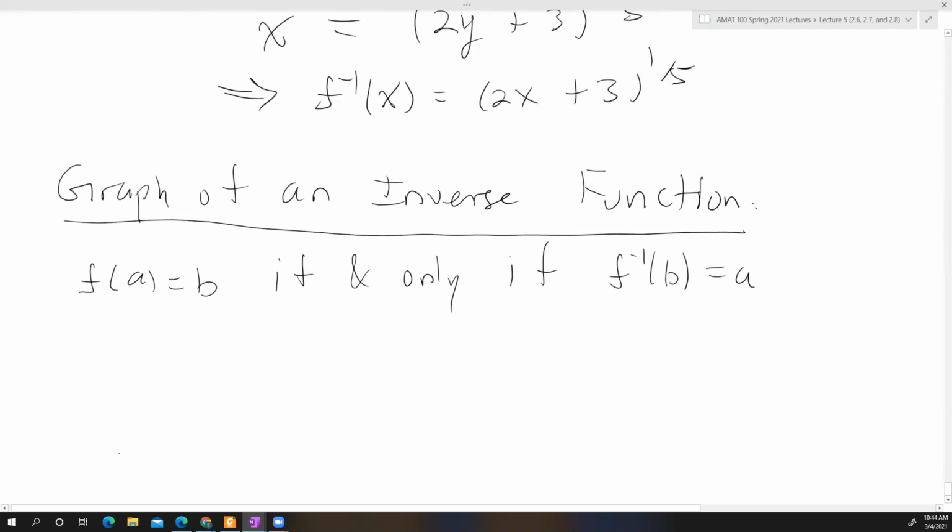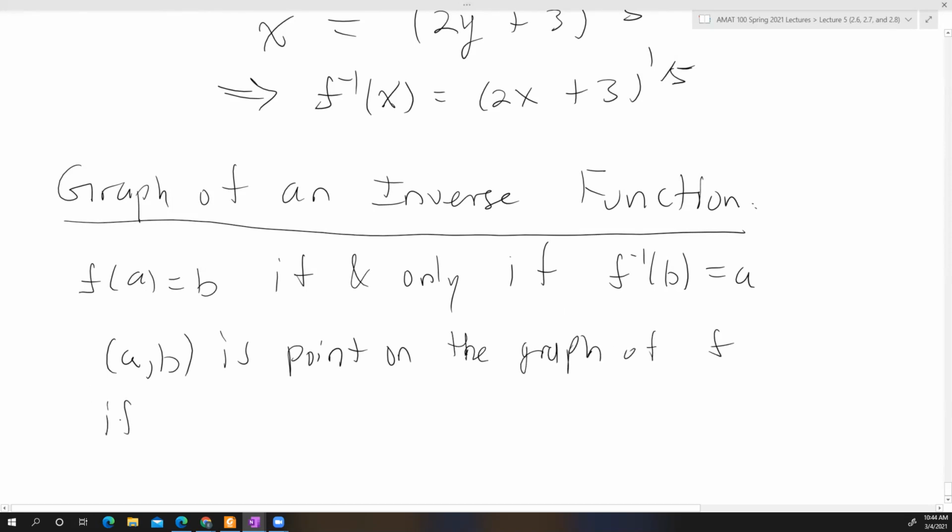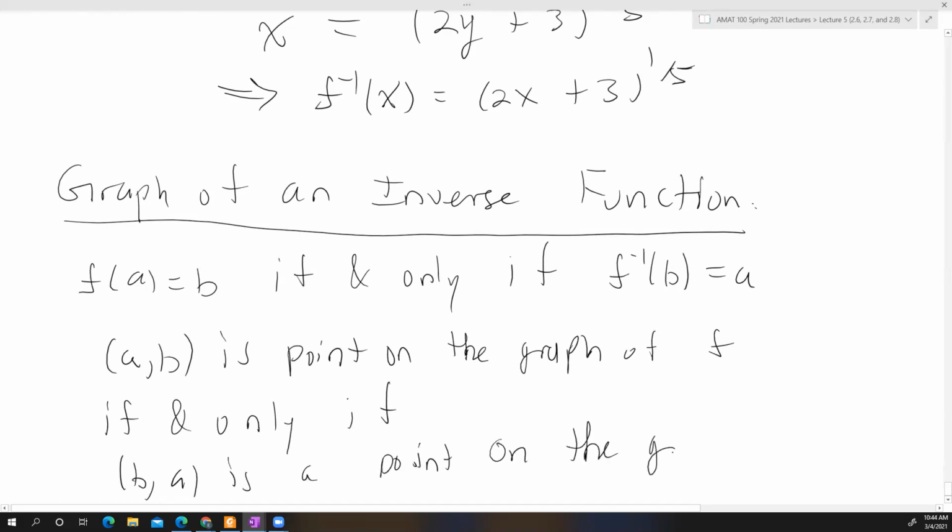And what this means geometrically is that (a, b) is a point on the graph of f if and only if (b, a) is a point on the graph of f inverse.